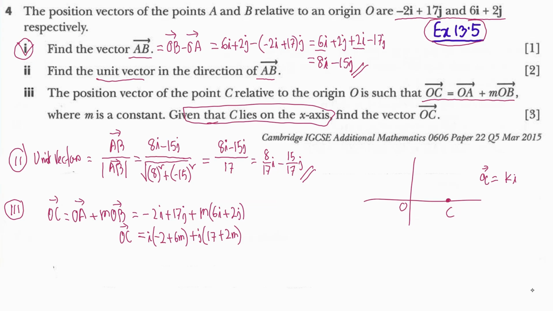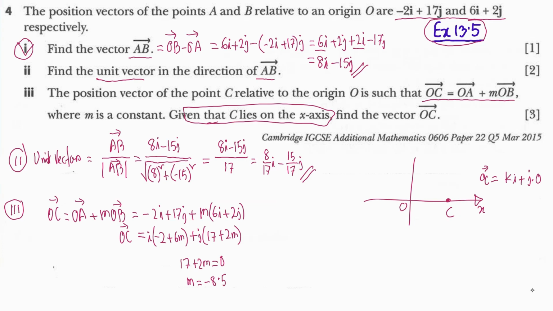There is no j component, so the j component is 0 to make C lie on the x-axis. So we consider the j component, which is 17 plus 2m. Let me write the j component as 0: 17 plus 2m equals 0. So we get m equals minus 8.5, because 17 by 2 is 8.5.